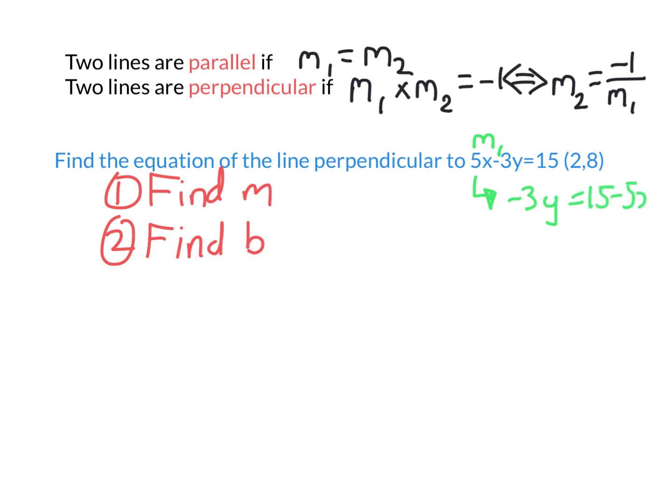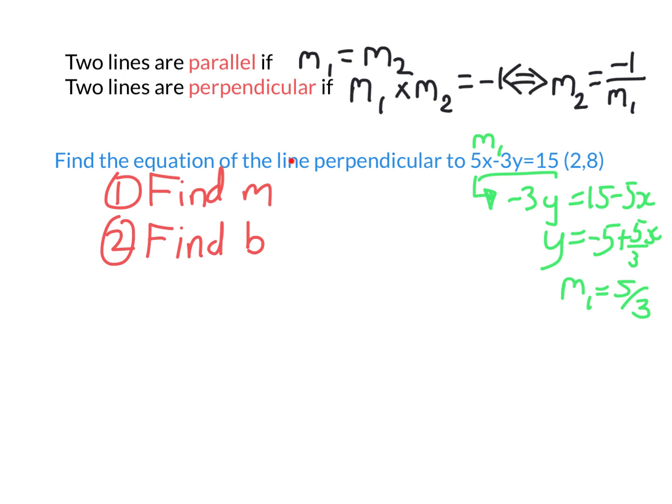And then to get y by itself, I need to divide by -3. So 15 divided by -3, and then I need to divide 5x by -3. And of course, a negative divided by a negative becomes a positive. So the gradient of this line given, our first line, is 5/3.